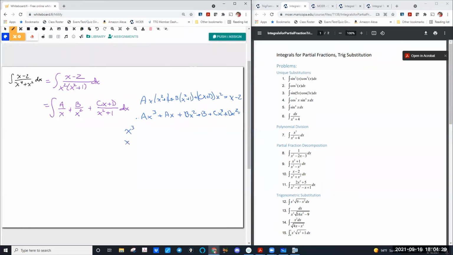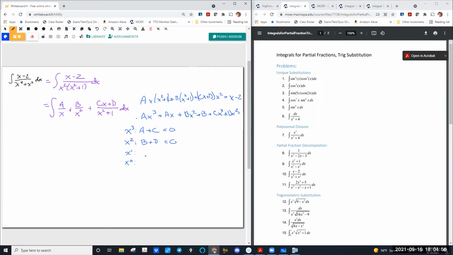X cubed, x squared, x to the first, and x to the 0. So x cubed, again, now here's where the difference comes. A plus c, there's still 0 x cubed on this side, so that doesn't change. The x squareds are going to be b plus d equals, again, 0.